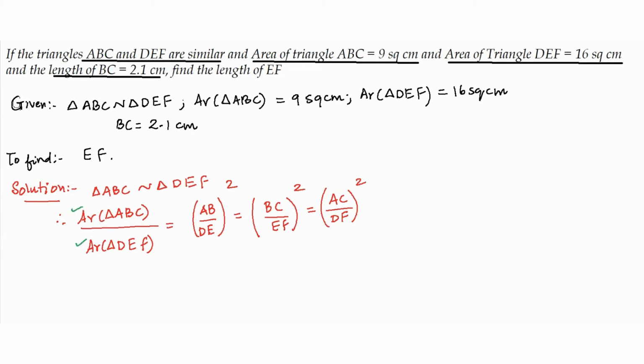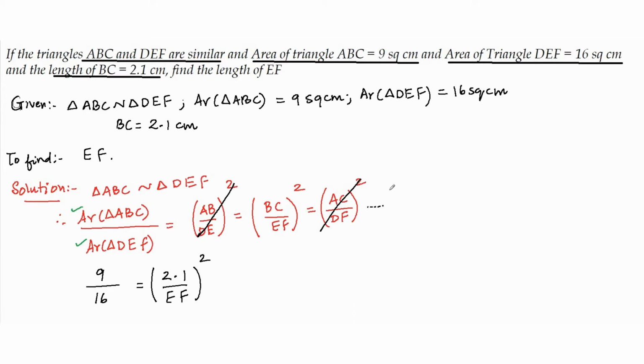So now let us mark all that is equal. These two areas are equal, so I can say that area of triangle ABC is 9 and area of triangle DEF is 16. So 9 by 16 is equal to BC is 2.1, right? Now you will notice that I am not picking these two ratios because they don't matter in this question. BC is 2.1 and now I need to find the length of EF, right? So this is 2.1 by EF the whole square.